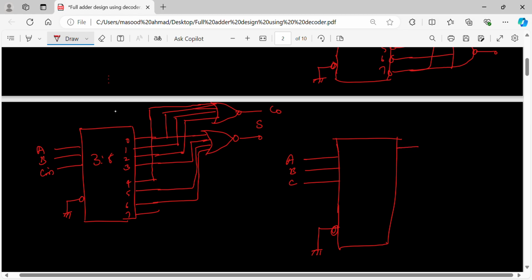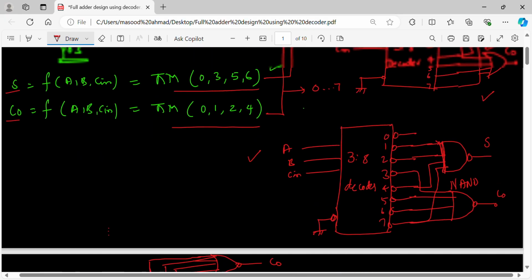Then we have the outputs 0, 1, 2, 3, 4, 5, 6, 7, but these are with bubbles. So this is active low. But what I want to implement is POS, product of sums.